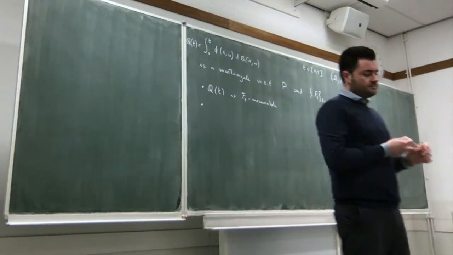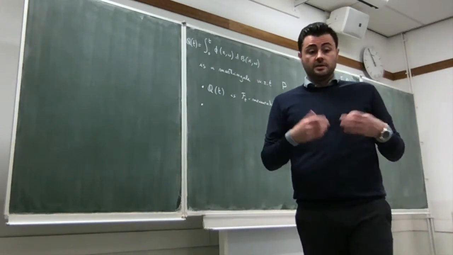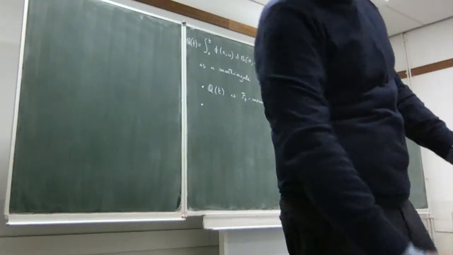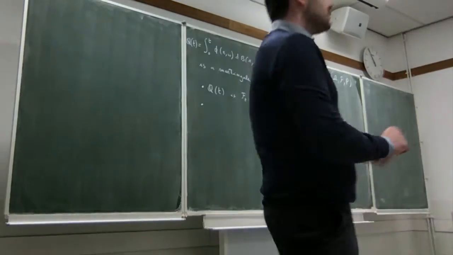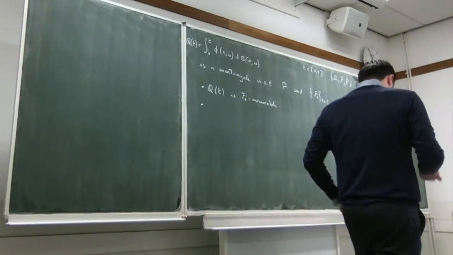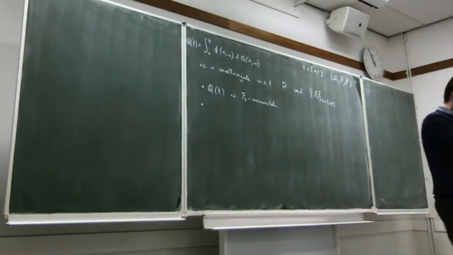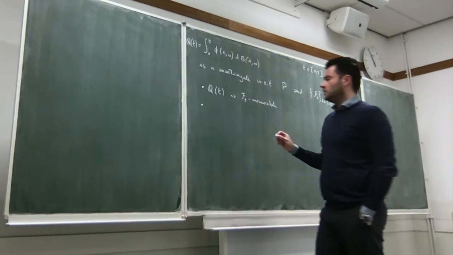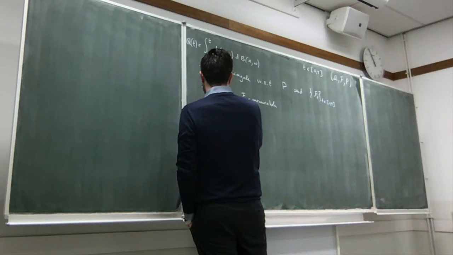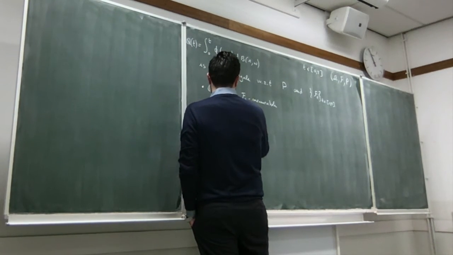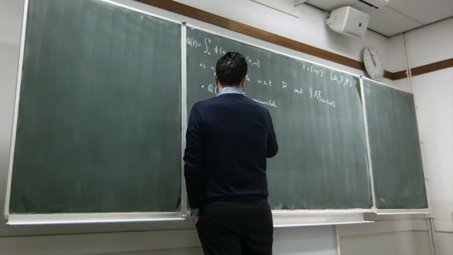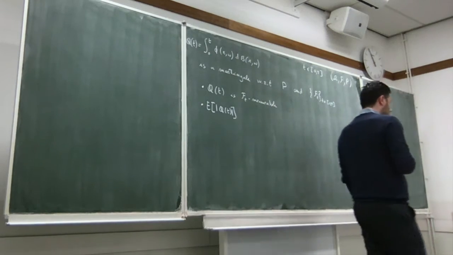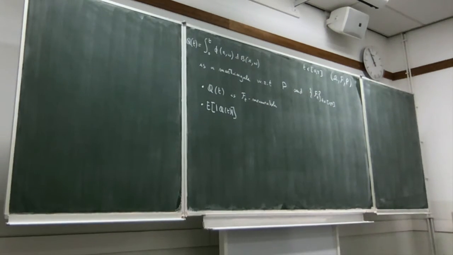Now, another thing that we have to verify is the integrability. For the integrability of our quantity, what we want to show is that we can take the expectation of Qt, and we want this quantity to be finite.